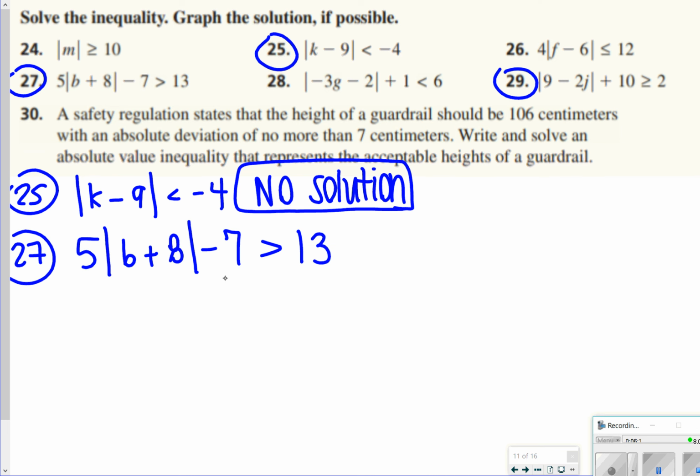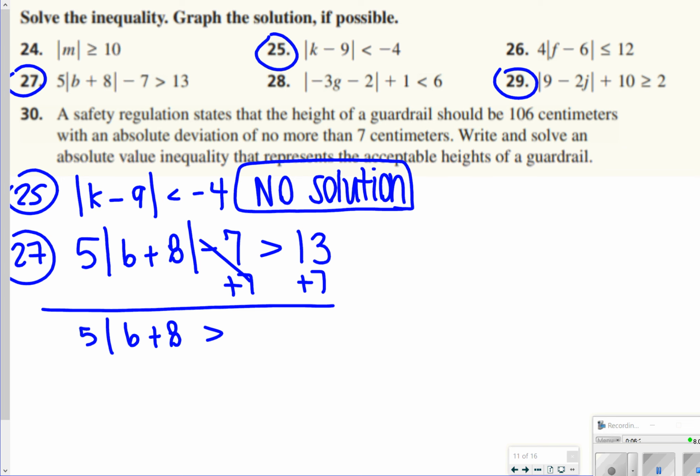So for 27, I'm going to isolate the absolute value first. That means I'm going to add 7 to both sides. So I get 5 times the absolute value of b plus 8 is greater than 20. And then I'm going to divide everything by 5. So I get the absolute value of b plus 8 is greater than 4.